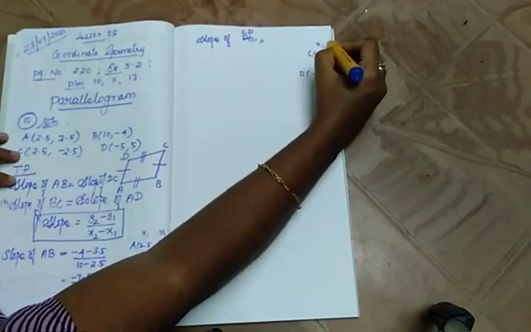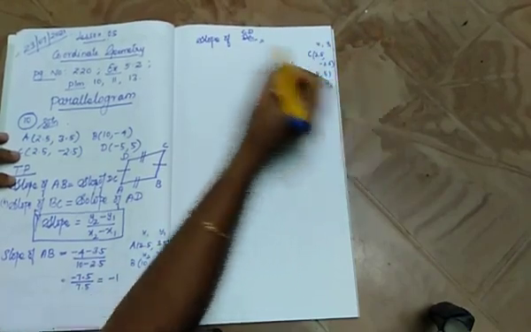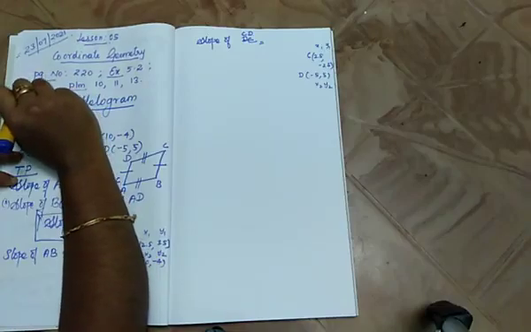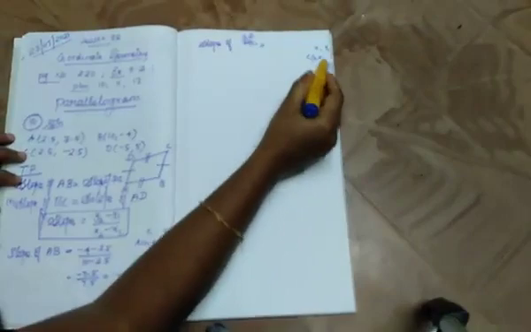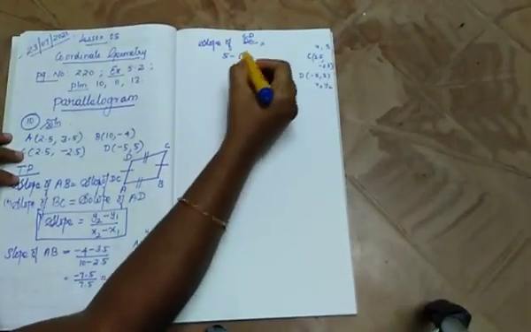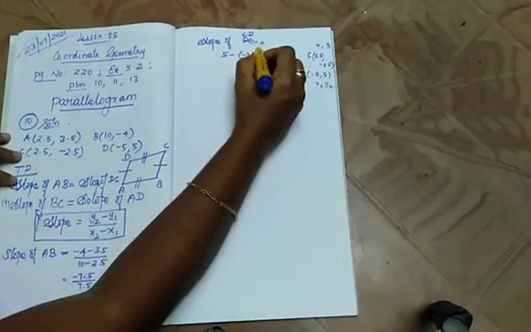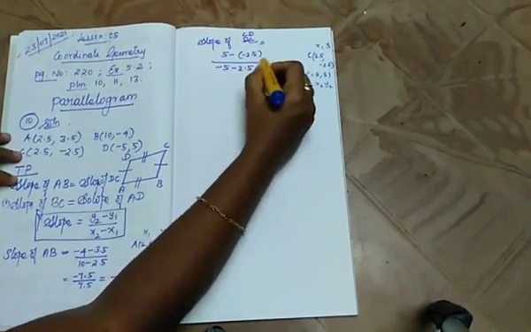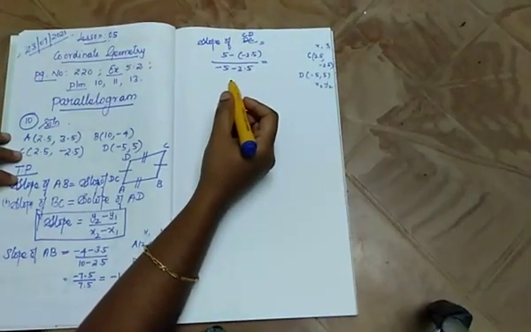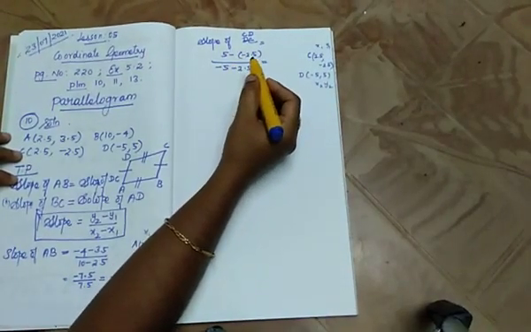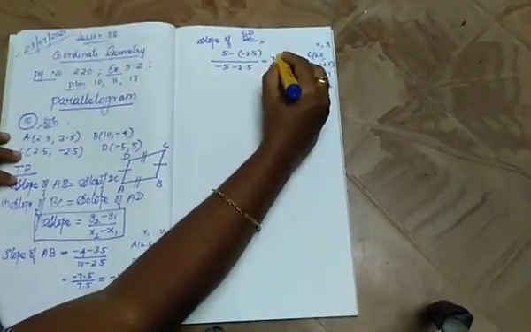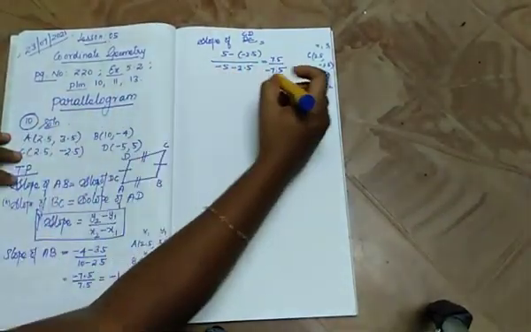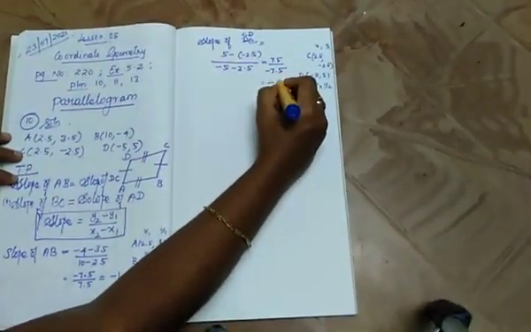So x1 y1, x2 y2. Let's make it y2 minus y1, that is 5 minus minus 2.5 divided by minus 5 minus 2.5. Minus into minus is plus, so 5 plus 2.5, that is 7.5 divided by minus 7.5. If we cancel, what we get is minus 1.